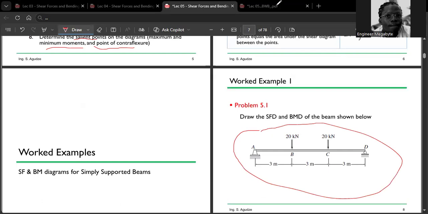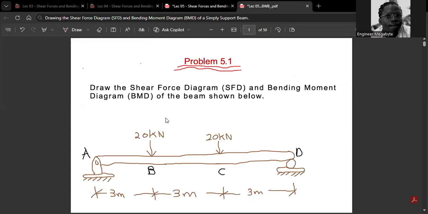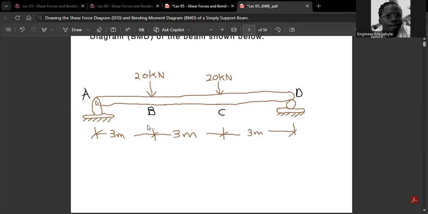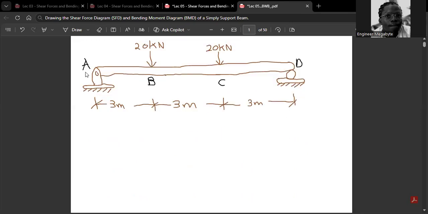So let's proceed. This is problem 5.1, which says draw the shear force diagram and bending moment diagram of the beam shown below. This is the beam we are having over here. What are we supposed to do if we are asked to solve such a problem?